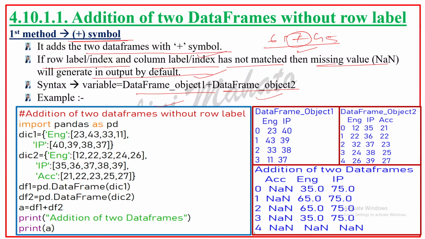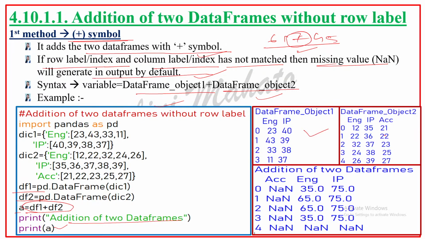Now see the examples. So this is the data frame. First data frame df1, second data frame df2. Variable equal to df1 plus df2, so addition of 2 data frames, then call the print command A. Then what happened? Look at here. This is our first data frame, second data frame.